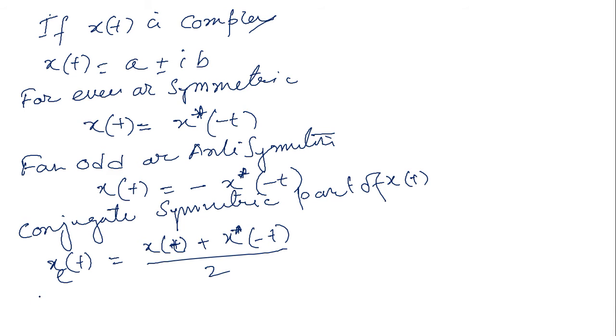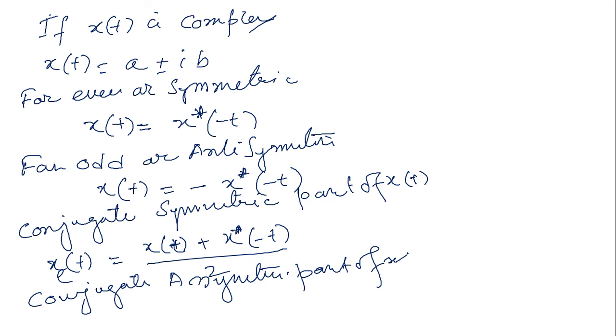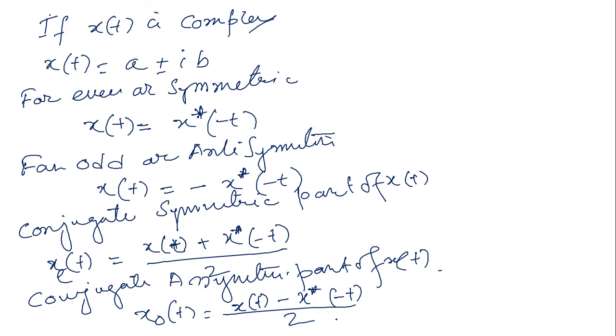And the conjugate asymmetric part of x of t is x odd of t equals x of t minus x conjugate of minus t, divided by 2.